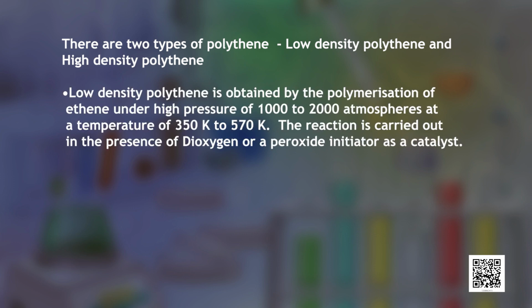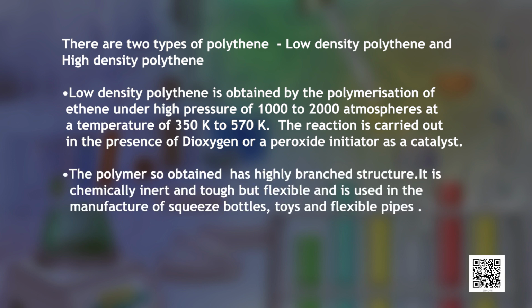Low density polythene is obtained by the polymerization of ethene under a high pressure of 1000 to 2000 atmospheres at a temperature of 330 to 570 Kelvin. This reaction is carried out in the presence of dioxygen or a peroxide initiator as a catalyst, and the polymer so obtained has a highly branched structure.